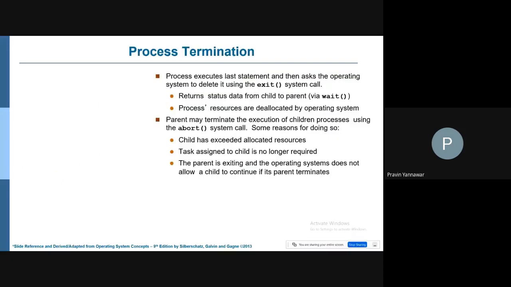Now process termination is a method where you are terminating a particular process. You are taking that process out of execution. The process executes its last statement and asks the operating system to delete that particular process using system calls.